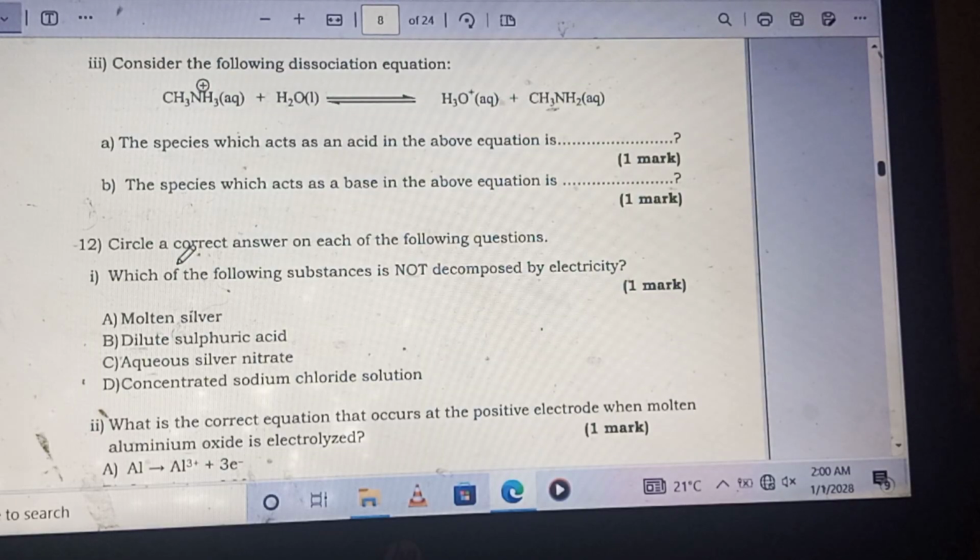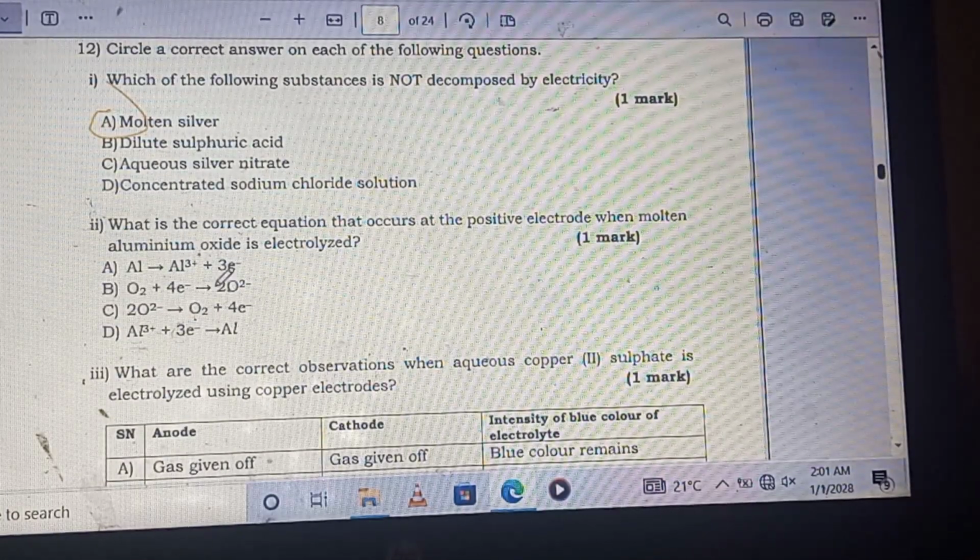Question 12. Circle a correct answer on each of the following questions. I. Which of the following substances is not decomposed by electricity? The correct answer is letter A, molten silver. II.